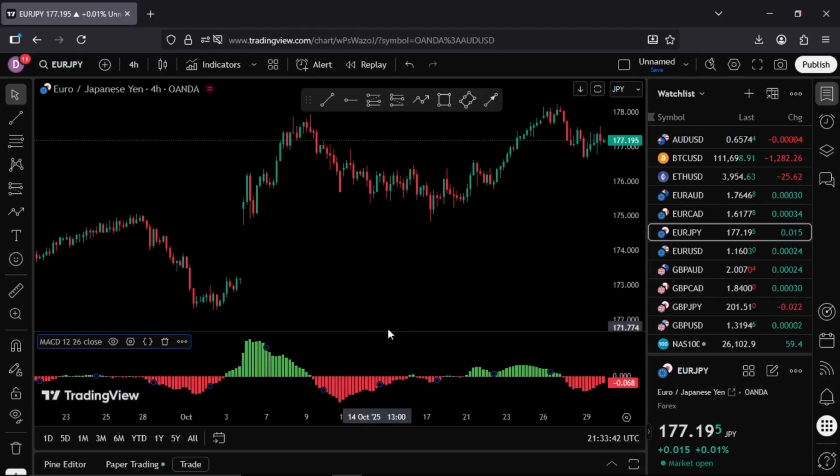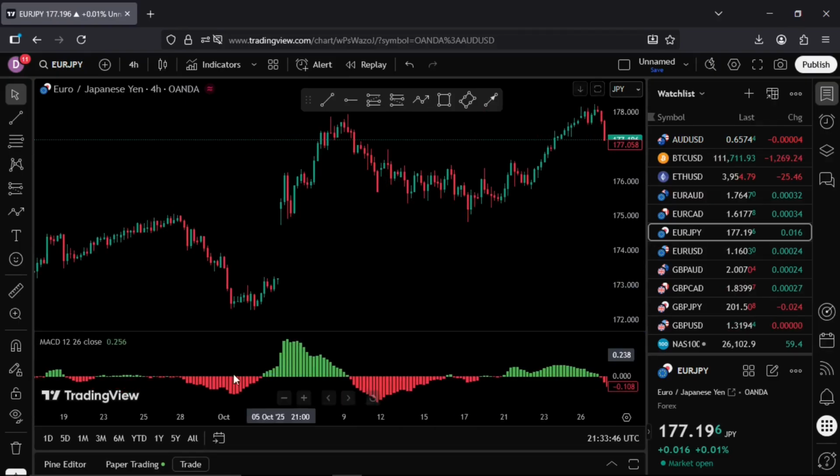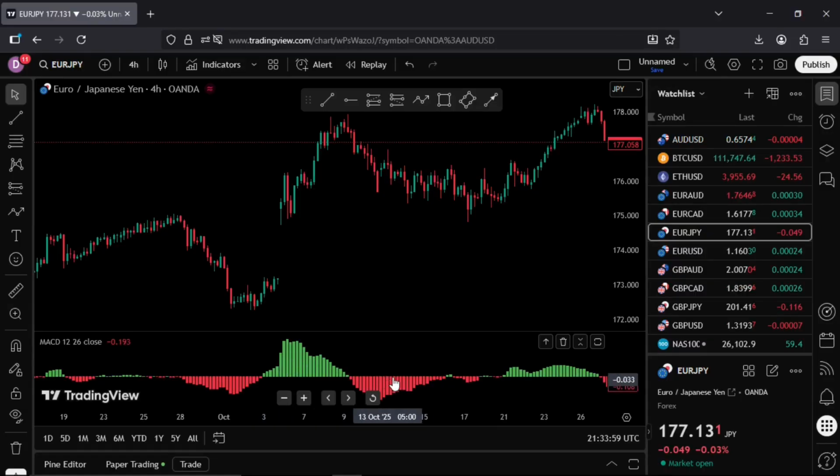Let me explain really quick what the MACD indicator is all about. The MACD has a middle line right here, and when price is going up, it will show in green. When price is going down, or when price is below the middle line, it will show in red.